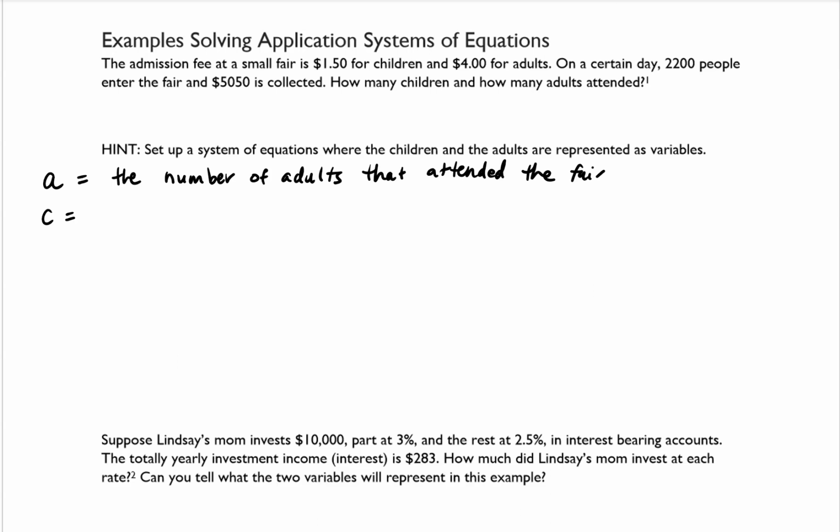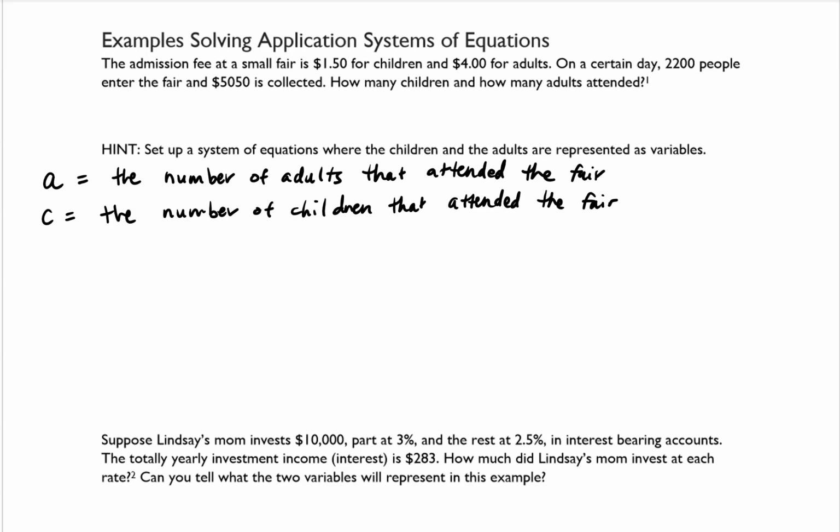Okay. C, I'm going to define this variable to be the number of children that attended the fair. Okay, so the first and probably the most important step is we've defined our variables very specifically and very precisely.